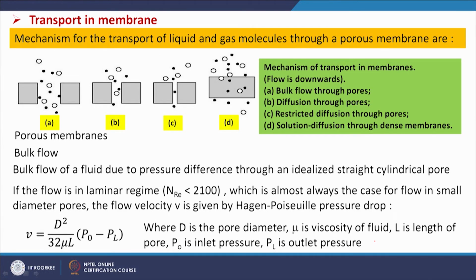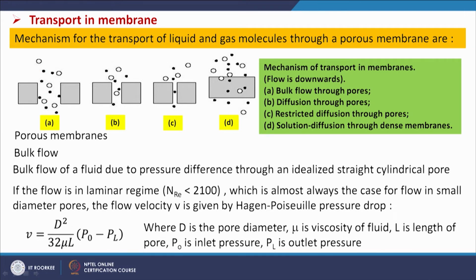Now, we will see the transport in the membrane. What is the mechanism for the transport of liquid and gas molecules through a porous membrane, that we will discuss here. We are showing different situations when the pollutants and gas molecules or water molecules are passing through the pores.